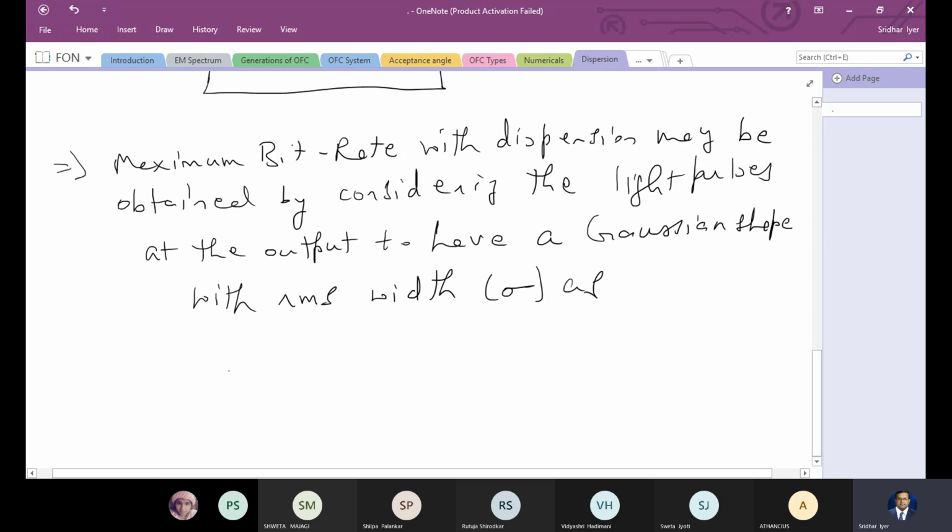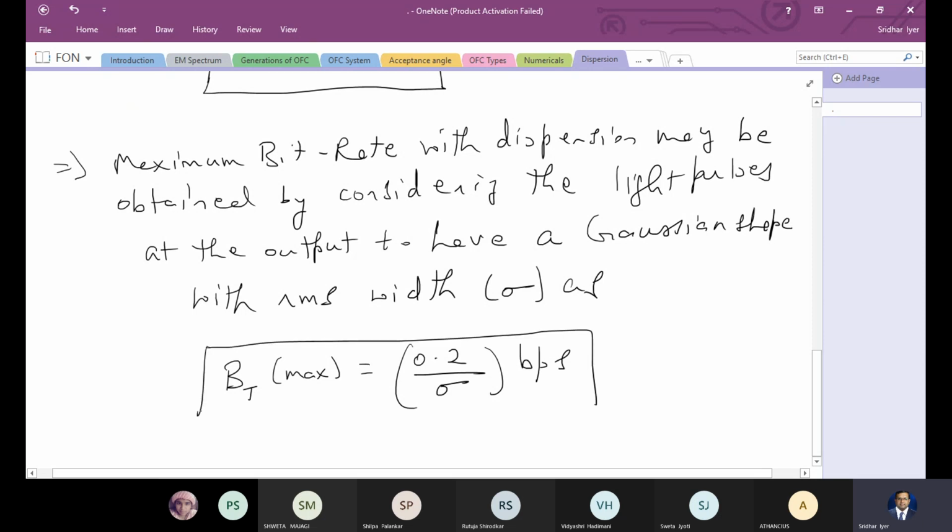So if you have the bit rate B subscript T, the maximum value of this bit rate is found to be 0.2 by sigma bits per second. So this is another equation which we need to know now, but we'll be deriving this in module 3.